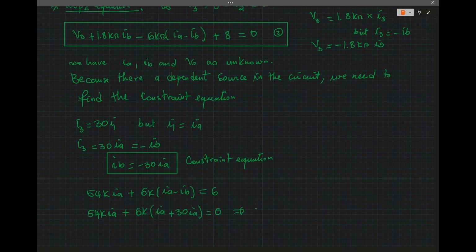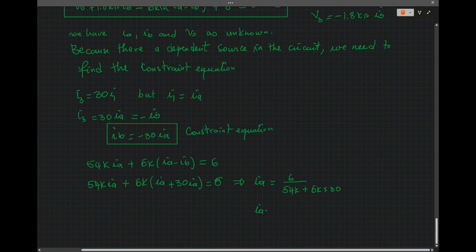That gives me IA, which is 6 divided by (54K plus 6K times 30).